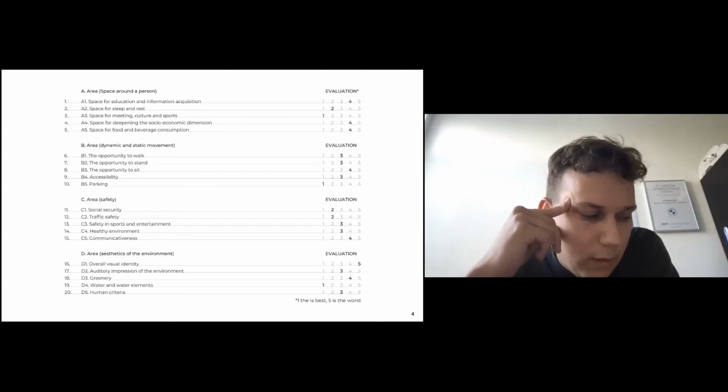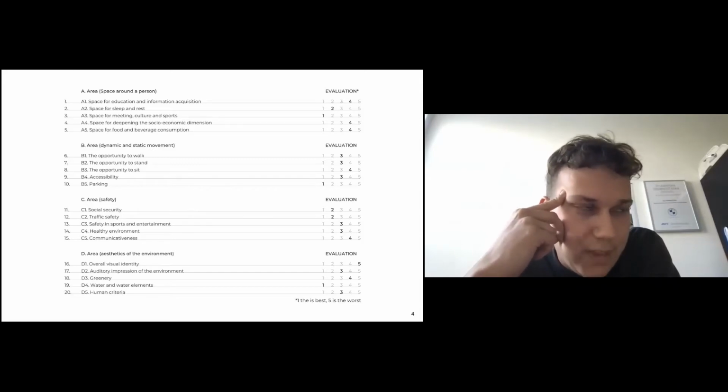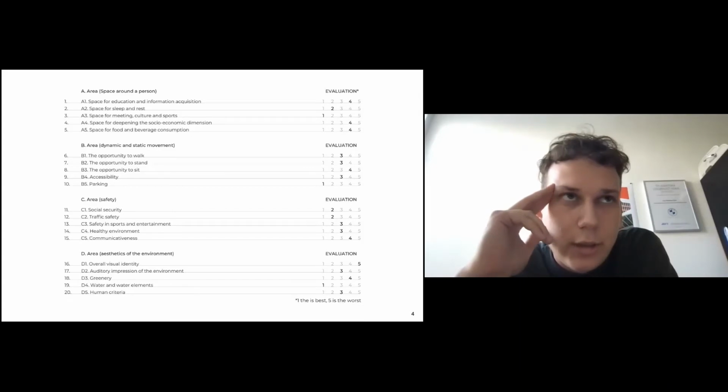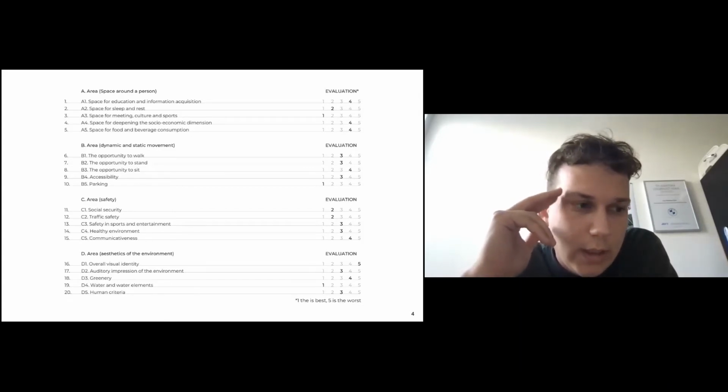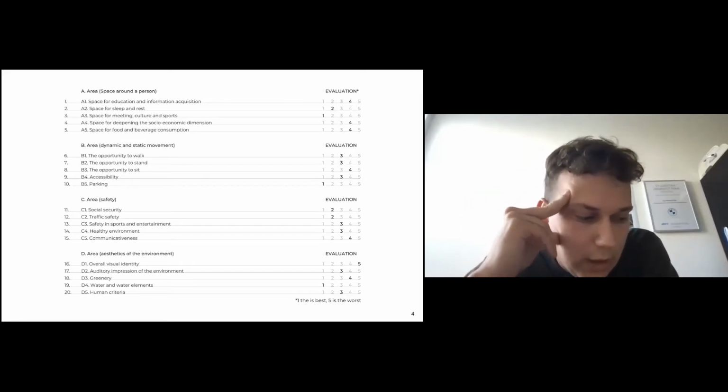One of them is from Lukačovič and deals with the concept of the town Hlohovec in Slovakia. And in this methodology, all the traditional public spaces were elaborated, such as squares, parks, waterfronts, street spaces, etc.